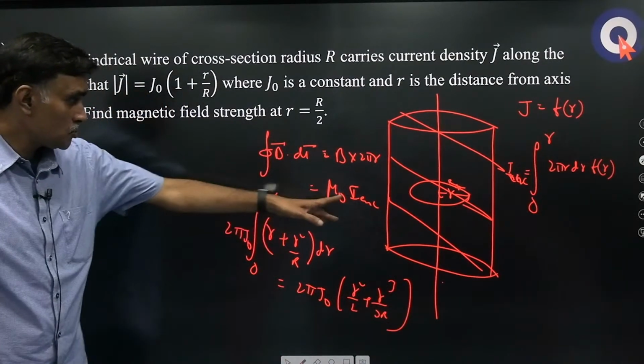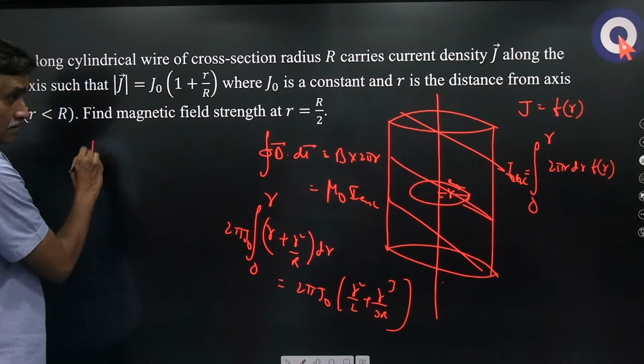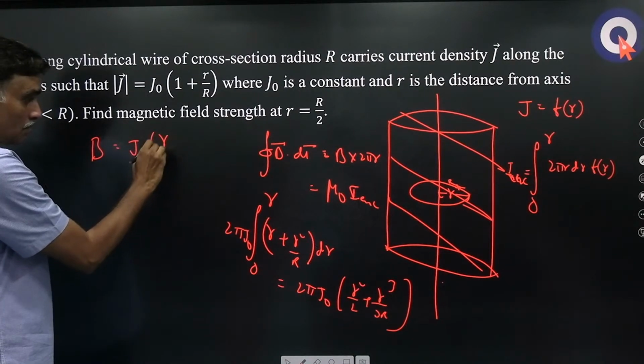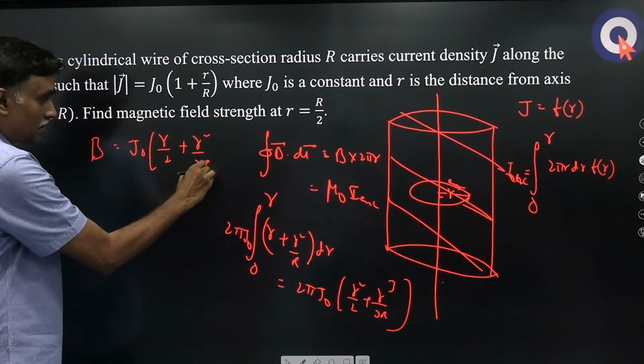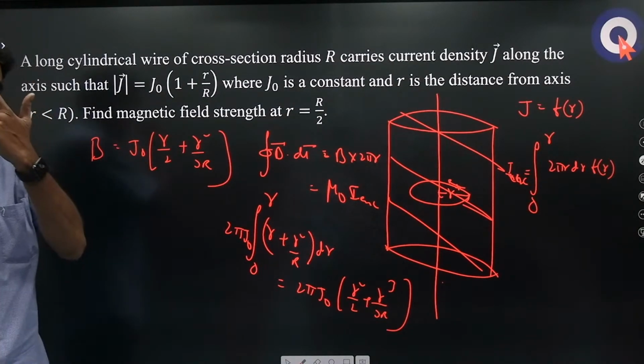Now if I substitute that here, 2 pi cancels. So, B, divided by r, is J naught into r by 2 plus r square by 3R. So, that is the magnetic field as a function of r inside.